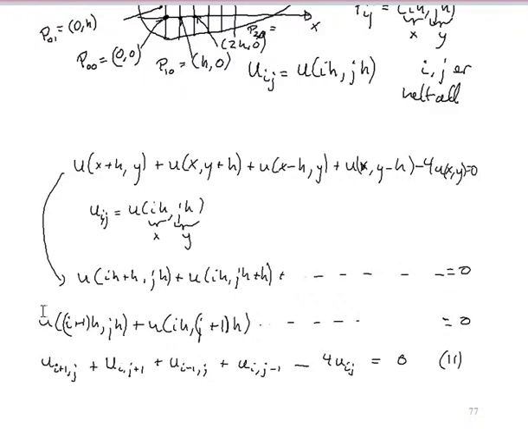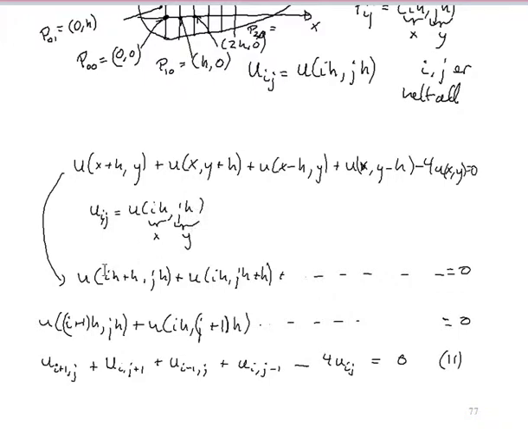So we get u at ((i+1)h, jh). Note that we have made this symbol u_ij equal to this.